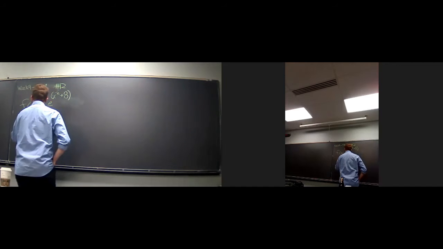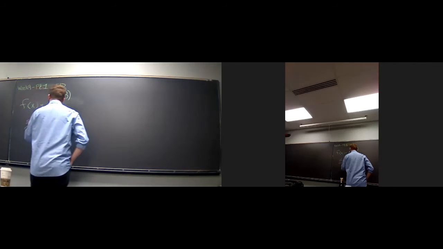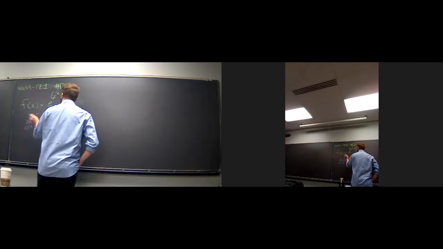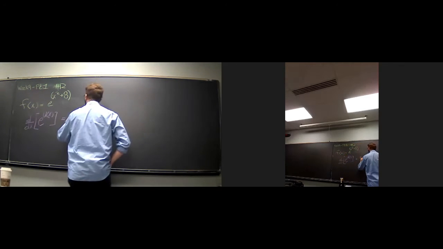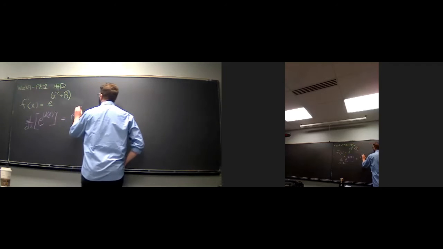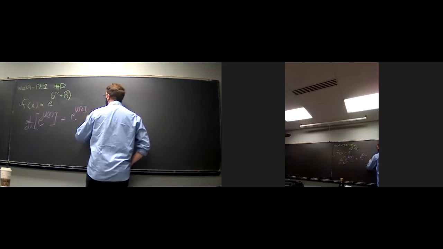Well, we know from the general rules of exponents that the derivative of e raised to some function of x is going to be equal to e raised to that function of x times the derivative of that function of x.